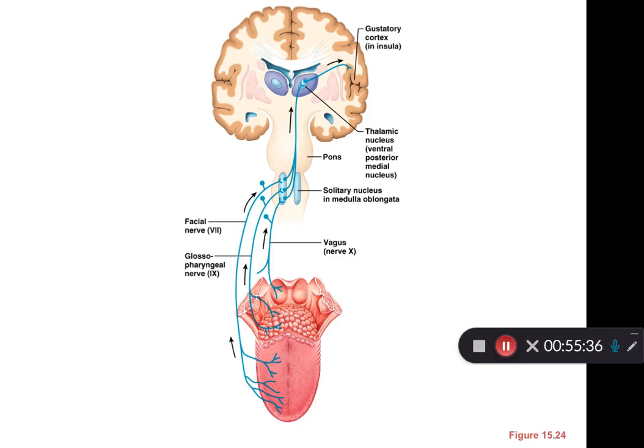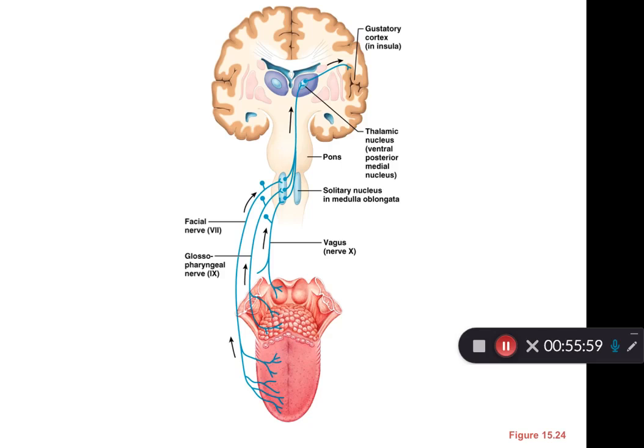That means if this is the left side, this is the right side in the medulla level, so the nerve will cross to the left side. Then it continues to travel upwards through the pons and synapses at the thalamus.